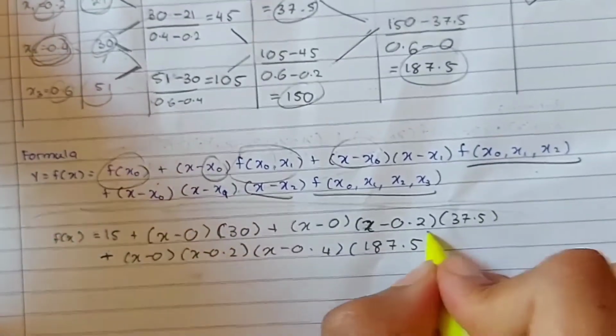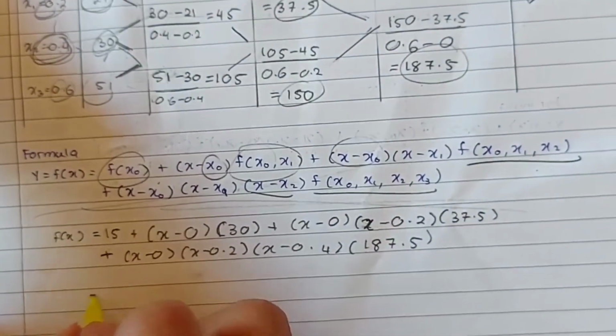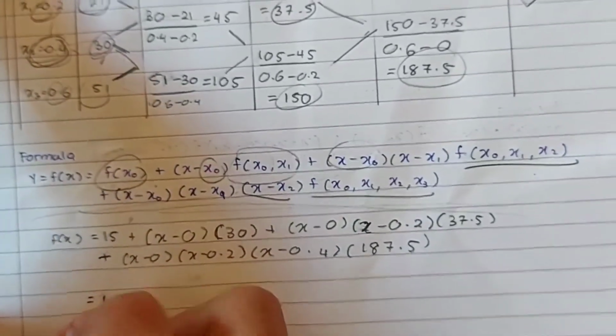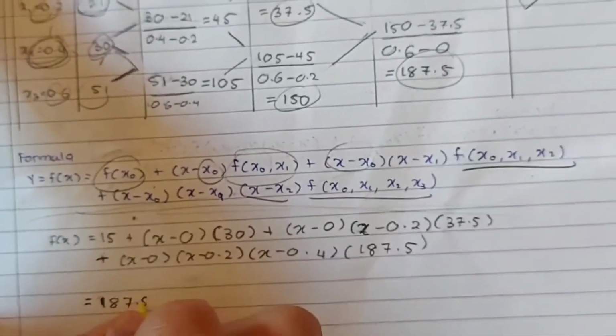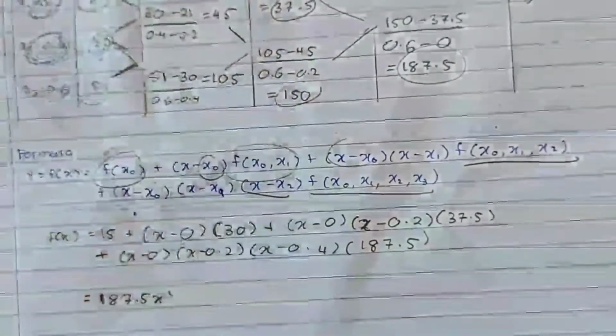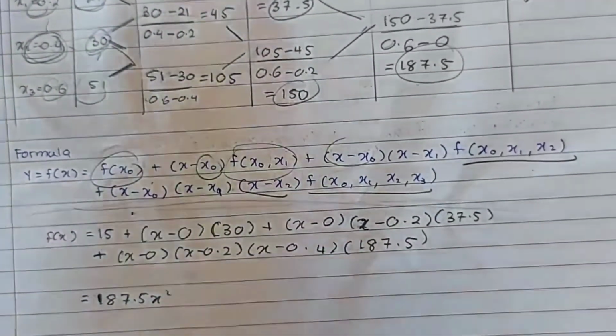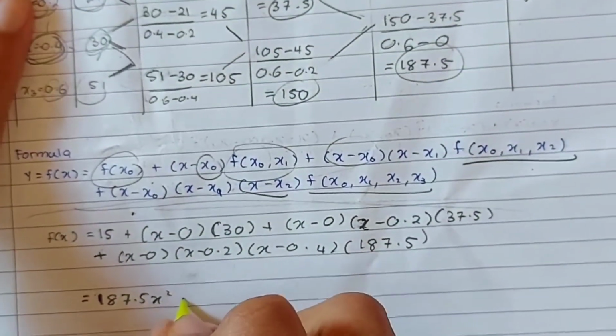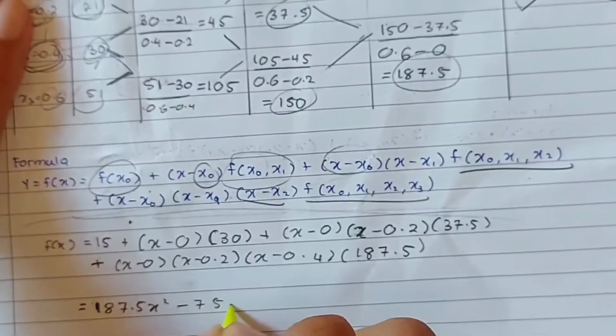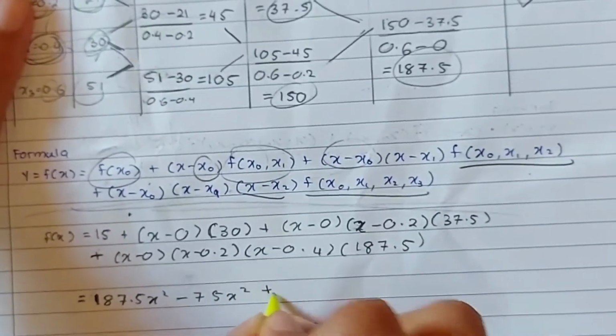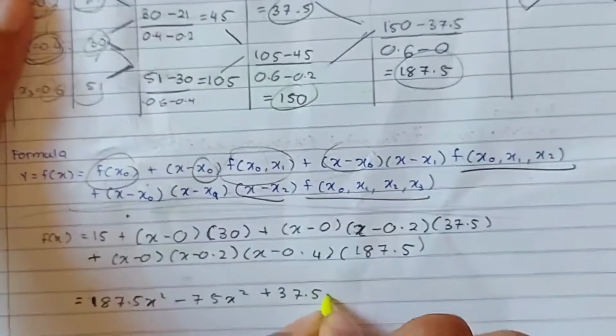And then we have 187.5x cubed minus 75x squared plus 37.5x plus 15. This is our equation for y.